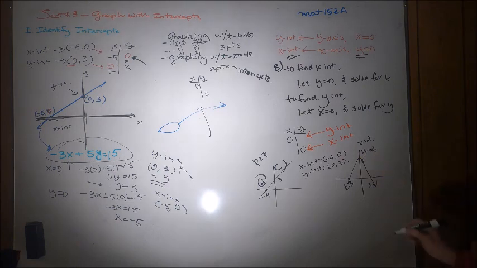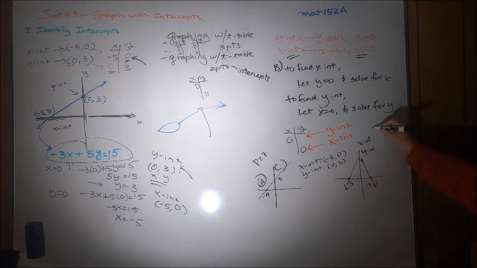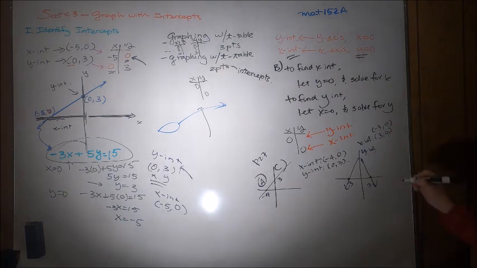So what are your x-intercepts? You will do -3, 0 and 3, 0, right? Then your y-intercept will be this guy. As an ordered pair, you will use 0, 5. Right?